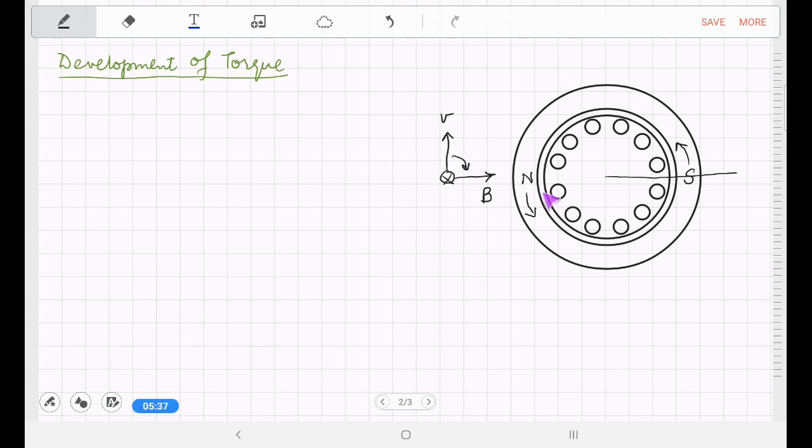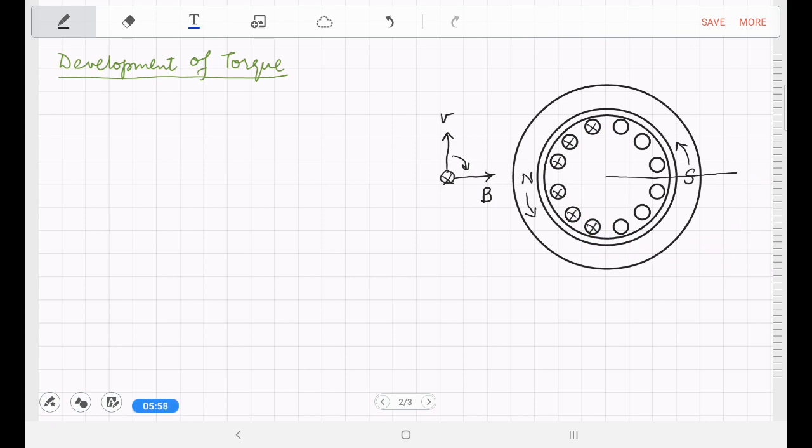If we similarly consider all other conductors in the left half of the plane, we will see that the EMF induced in all the conductors under the influence of the north pole will be directed inwards.